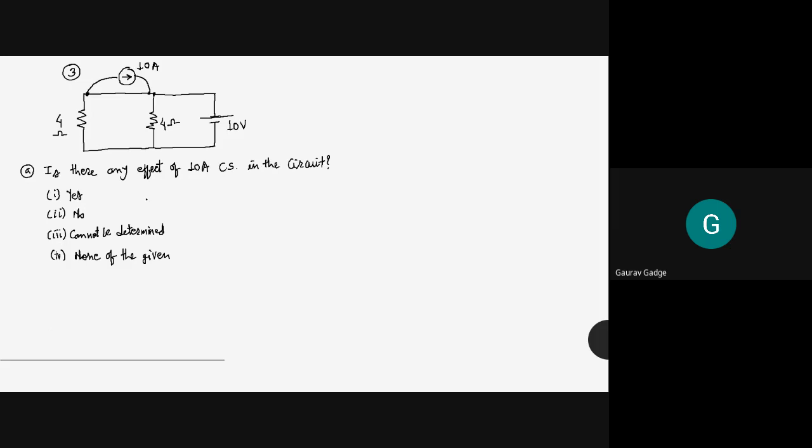Okay, now the answer to this question is no. The reason is the 10 ampere current source is shorted with this branch. This short circuit branch offers a very low value of resistance, which is nothing but the internal resistance of the current source, as it is shorted.